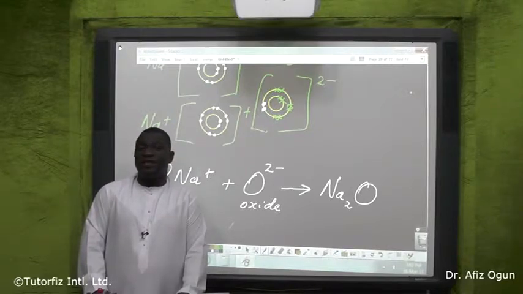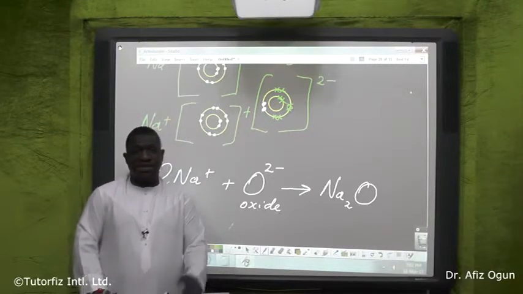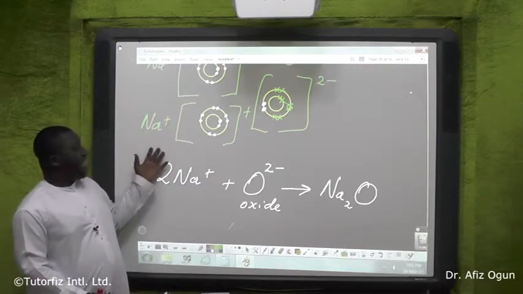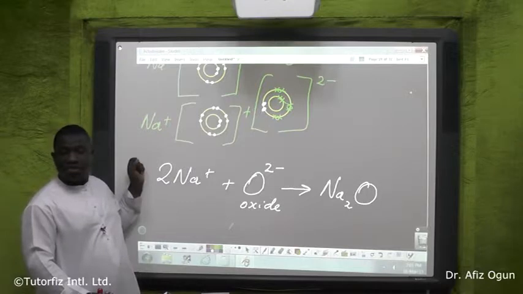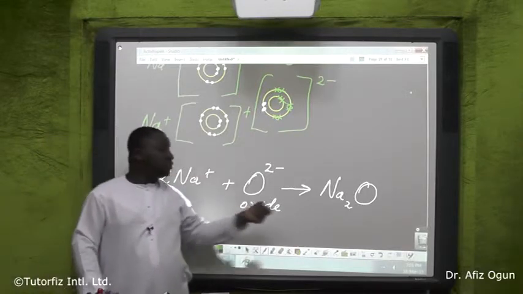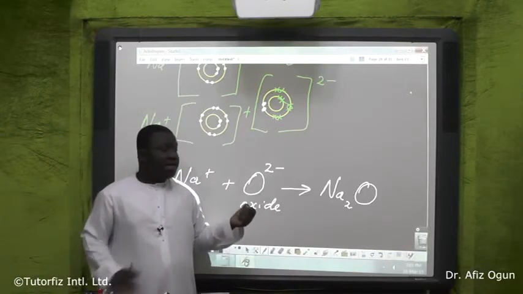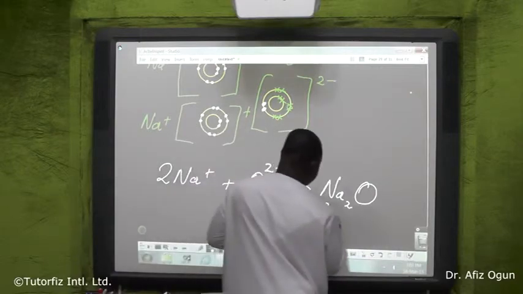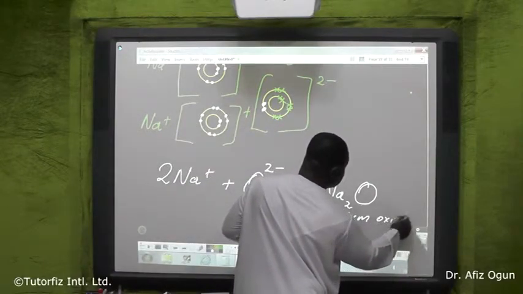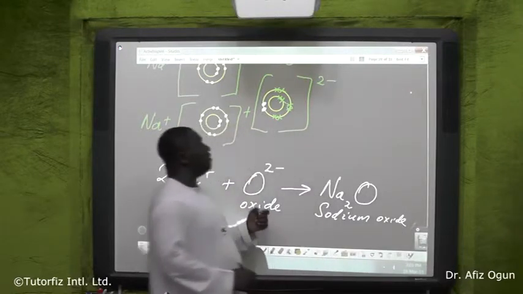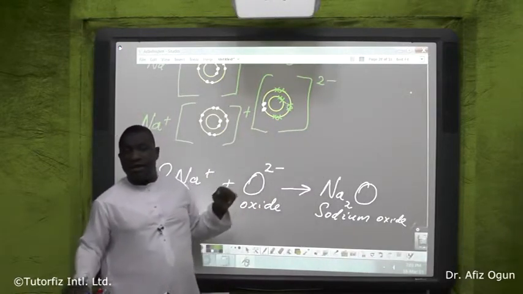One other thing I want to tell you is this. These ions are not just going to stay like this, 2 sodium and 1 like this. No. In a crystal of sodium oxide, we have millions of these ions there.